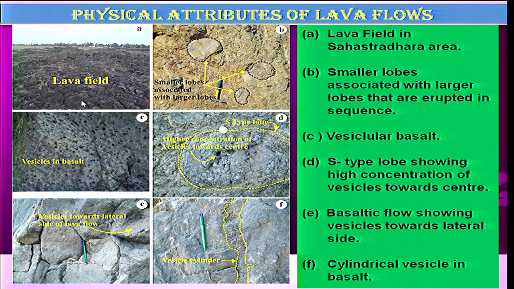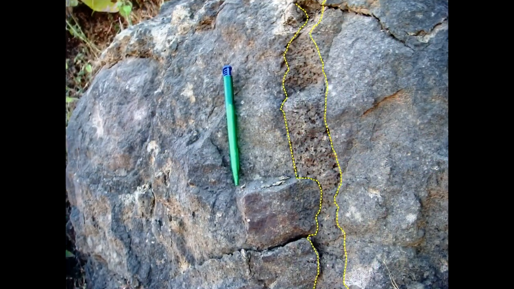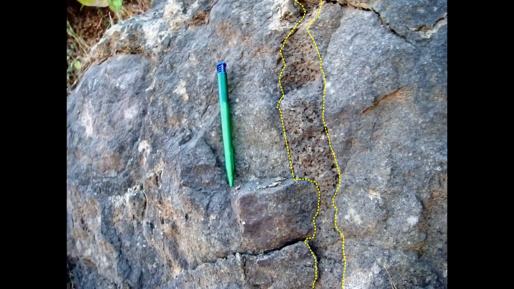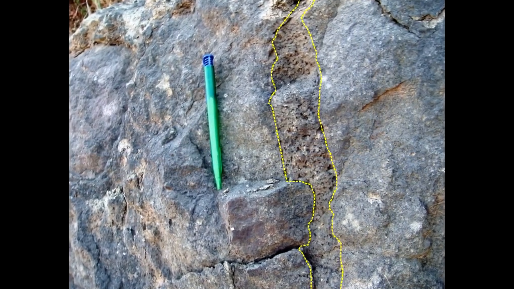Here you see not only vesicles, but there are lava channels, lava tubules or vesicular tubules. Here you see in one of my pictures, a vesicular cylindrical tube. But why has this tube formed?